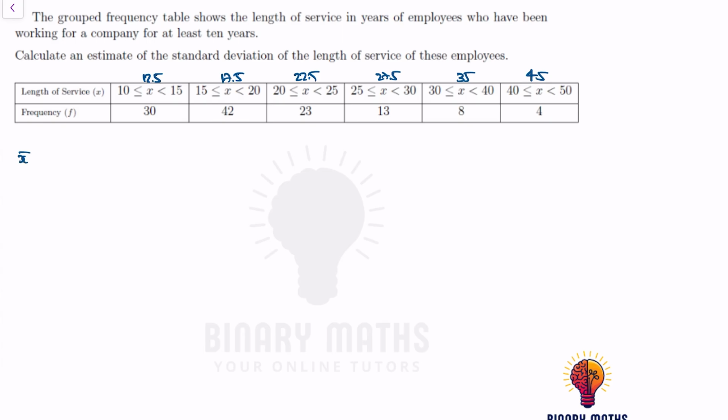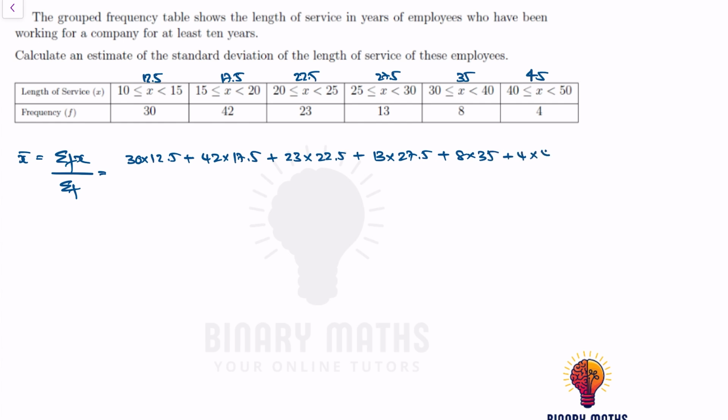Okay, so x bar is equal to sum of f x over sum of f, which means it's going to be f times x, so it's 30 times 12.5 plus 42 times 17.5 plus 23 times 22.5 plus 13 times 27.5 plus 8 times 35 plus 4 times 45, all over the total frequency, which is 30 plus 42 plus 23 plus 13 plus 8 plus 4.